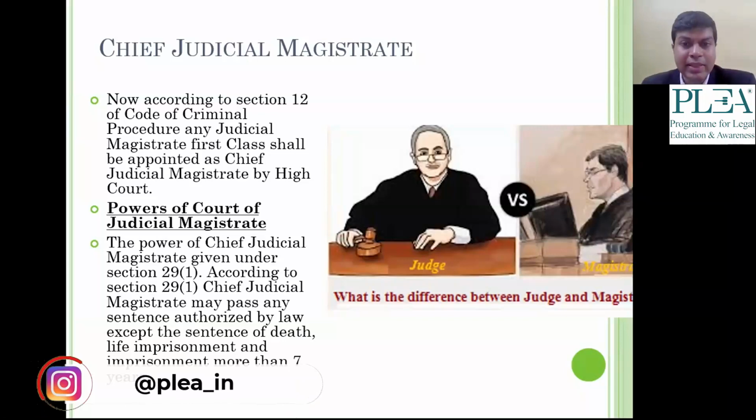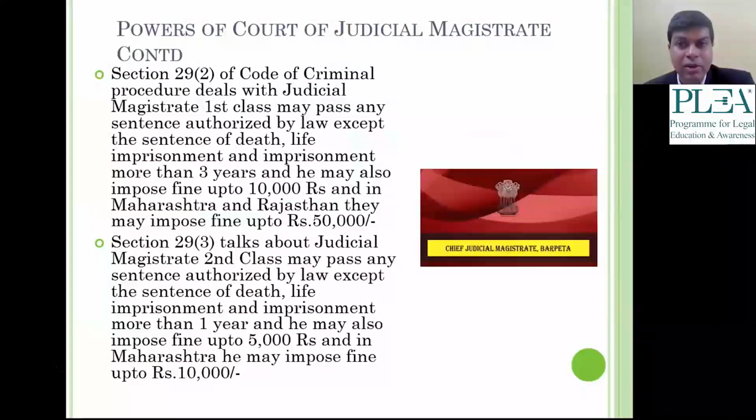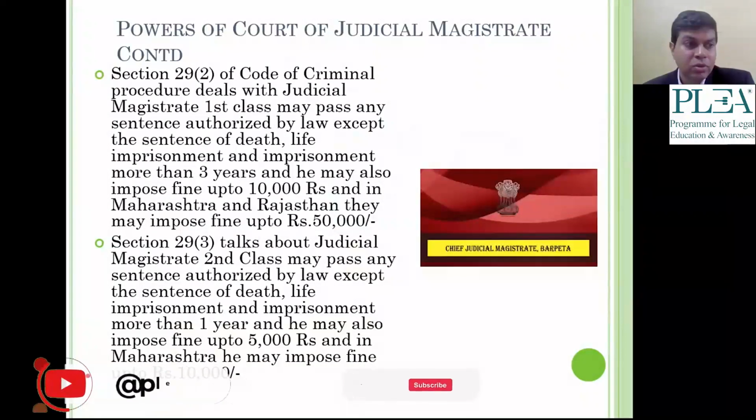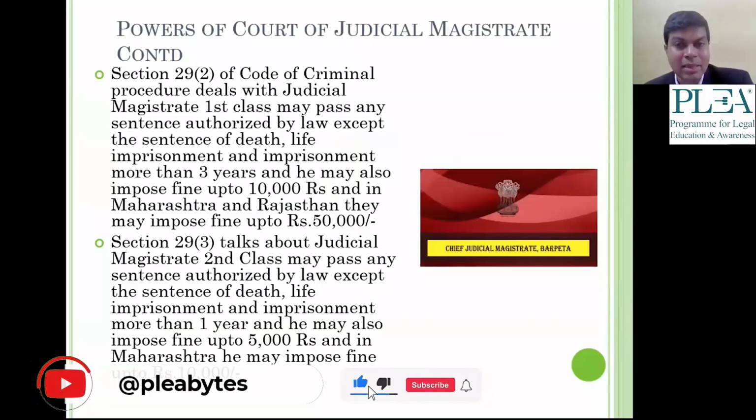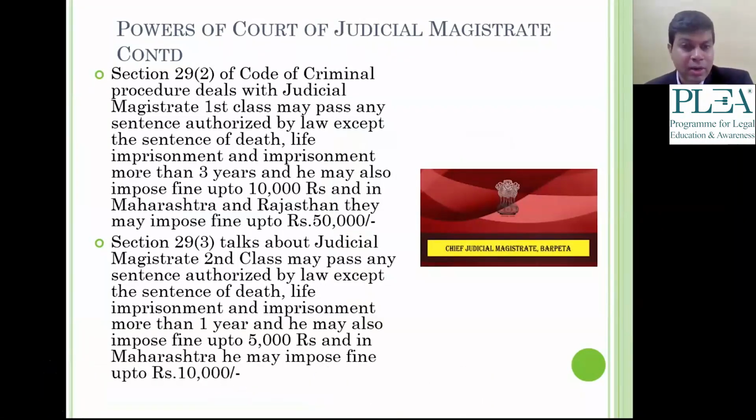Now we are moving to the next slide, that is establishment and powers of Court of Metropolitan Magistrate. According to section 29, subsection 4, the chief metropolitan magistrate and the metropolitan magistrate shall possess the same powers of chief judicial magistrate and judicial magistrate first class.